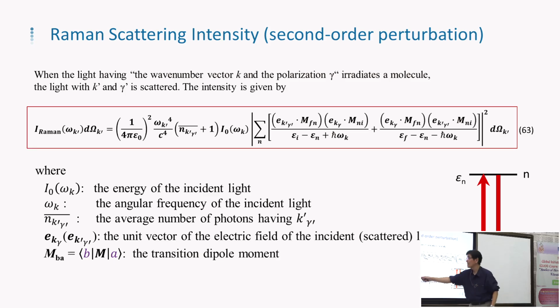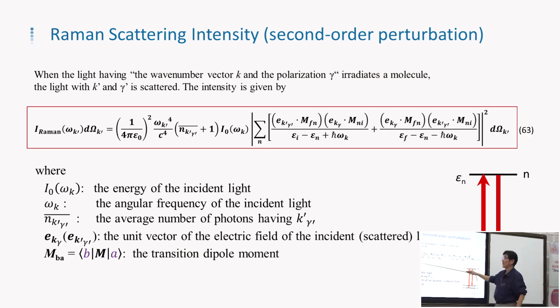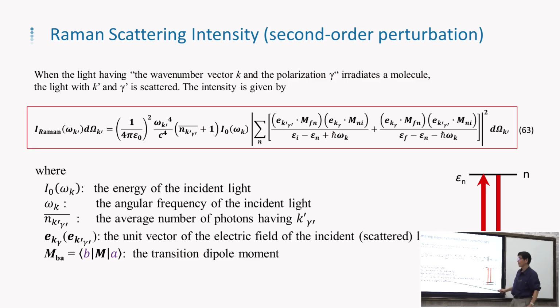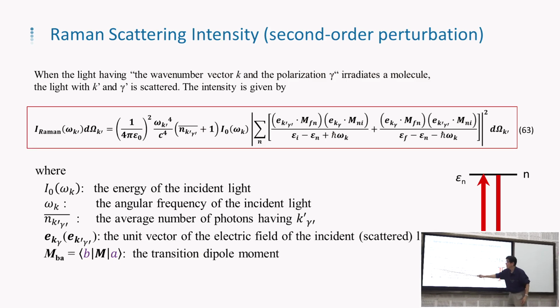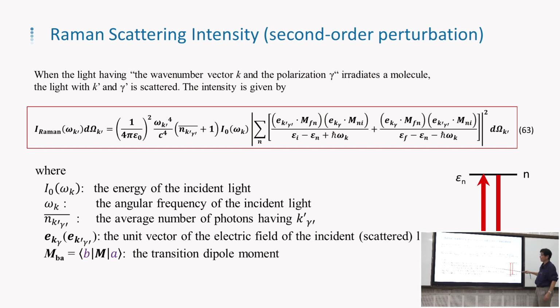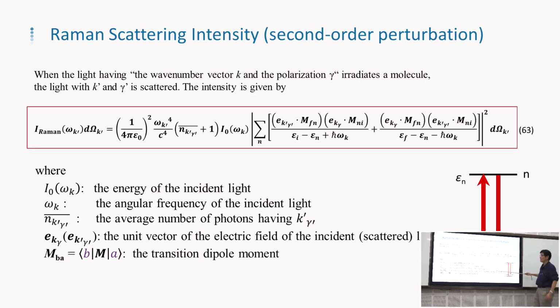And the Raman intensity has a finite value when the energy of the incident light is not zero. And omega k indicates the angular frequency of the incident light. n_k gamma bar that appears here indicates the average number of photons having k prime gamma prime.